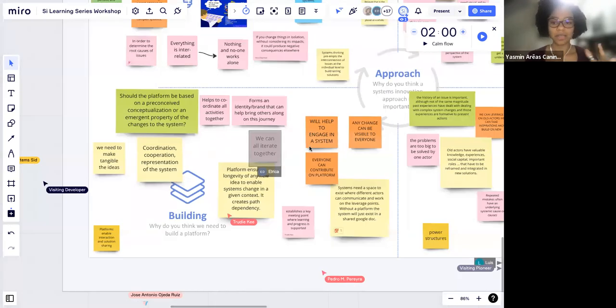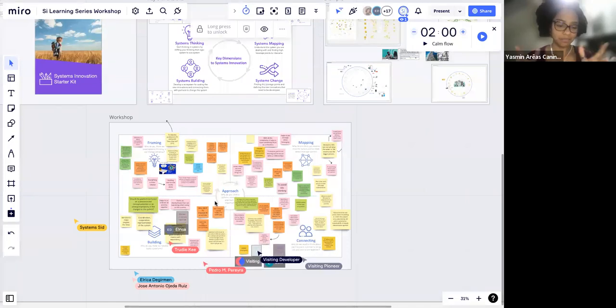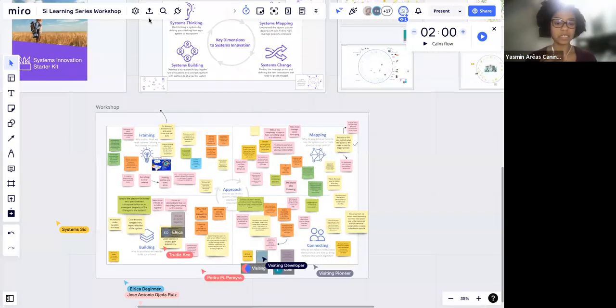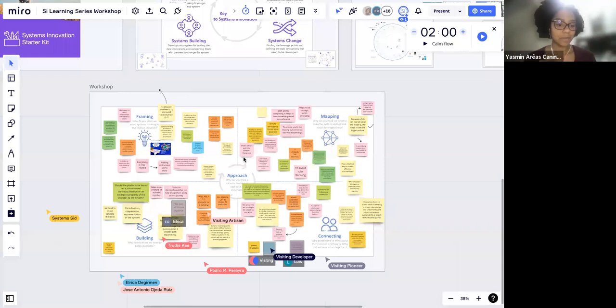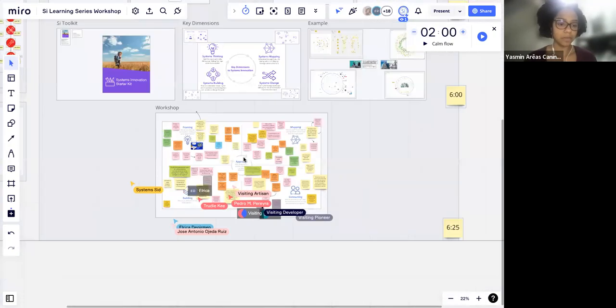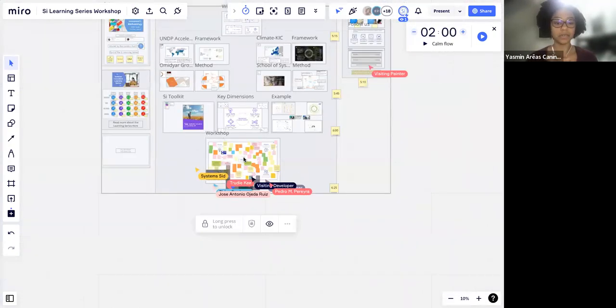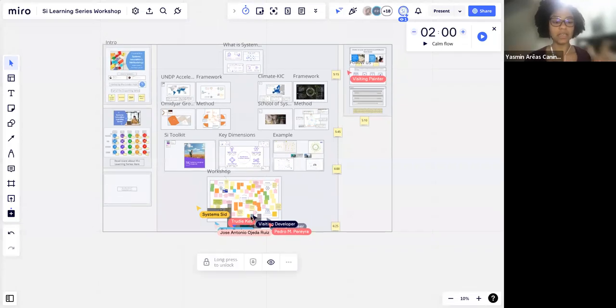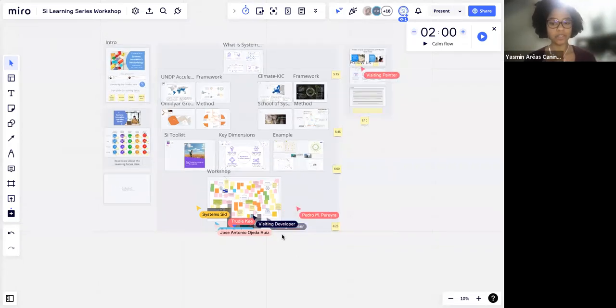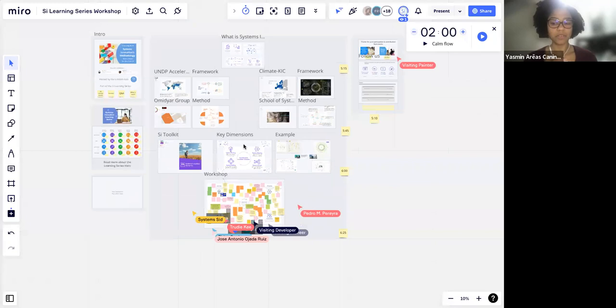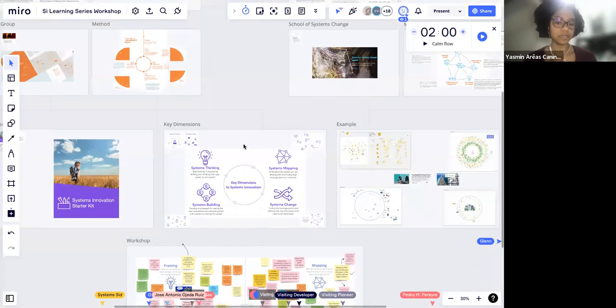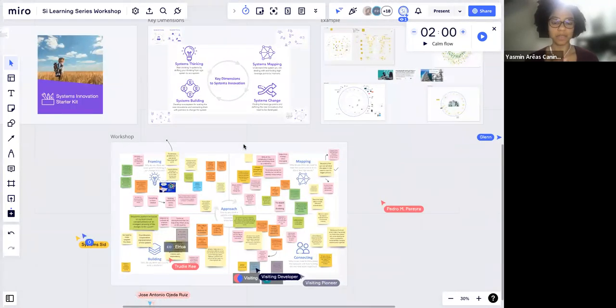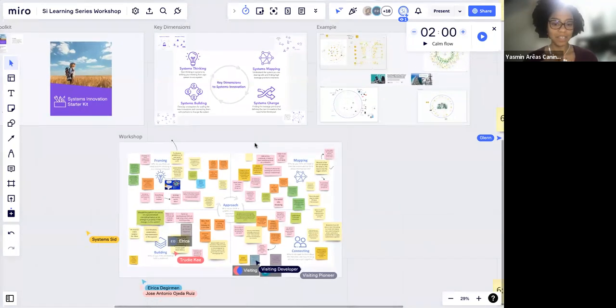And I hope that by now, at the end of the session, you could understand a bit more about the key dimensions of the SI methodology, and of course, why those are important in our journey towards creating systems innovation endeavors.